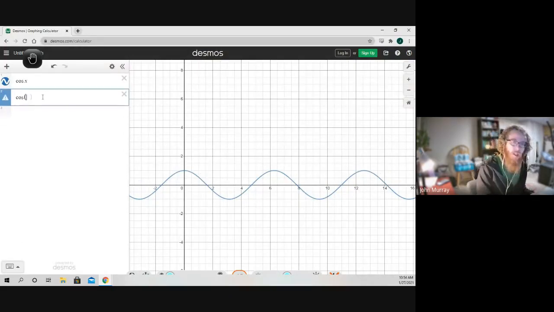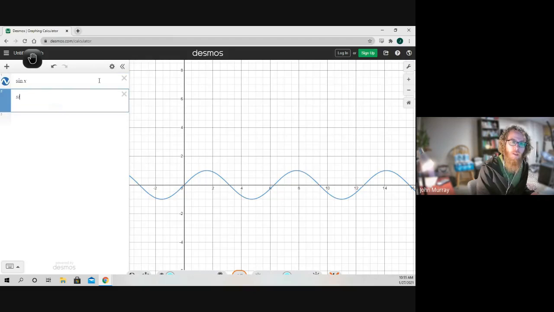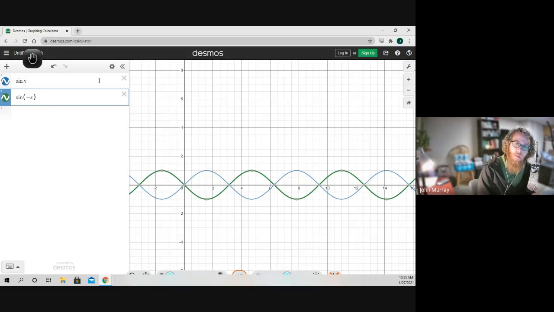What happens if I do cosine of negative x? It gives me the same function. But just for comparison, let's double check with sine of x, sine of negative x. There, it flips it.